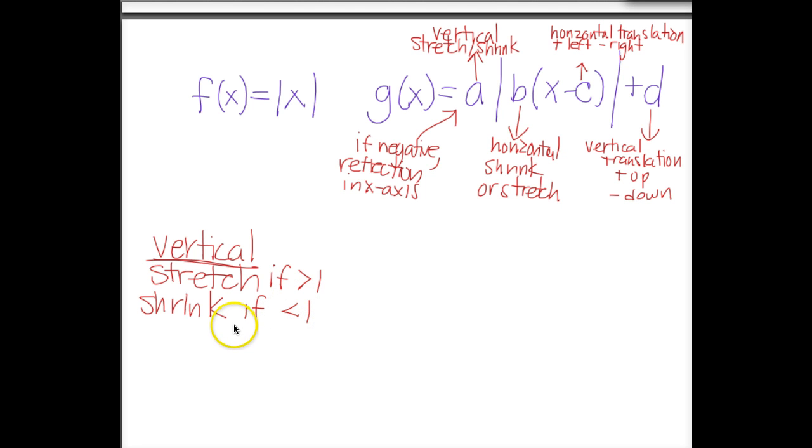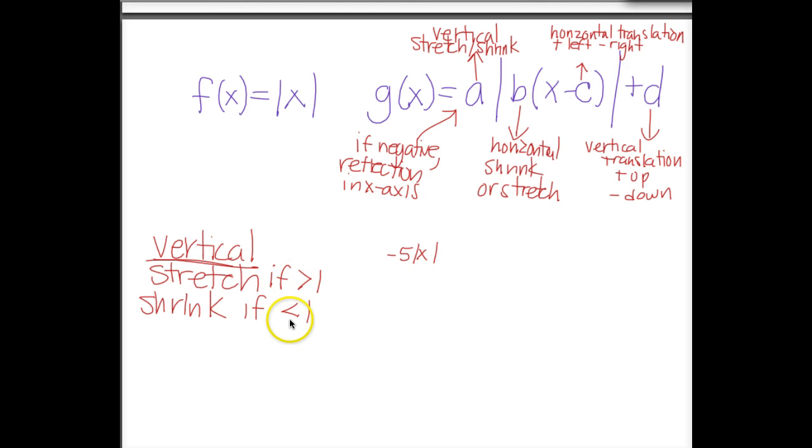Now, please remember on this that this does not include the negative symbol. If there's a negative out in front here, like let's say it were -5x, you don't say it's a shrink because it's less than 1. That negative has nothing to do with the shrink. That negative represents the reflection in the x-axis.